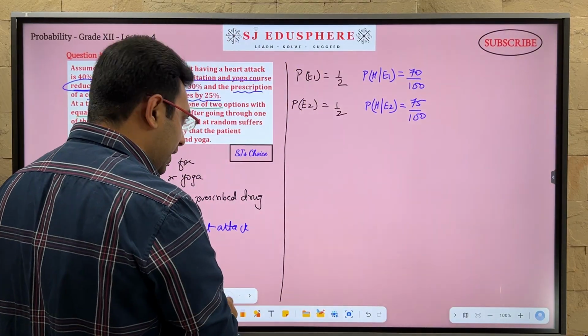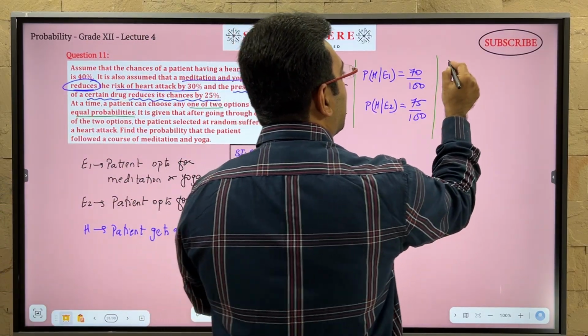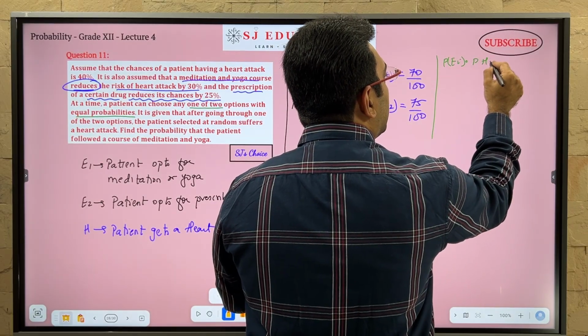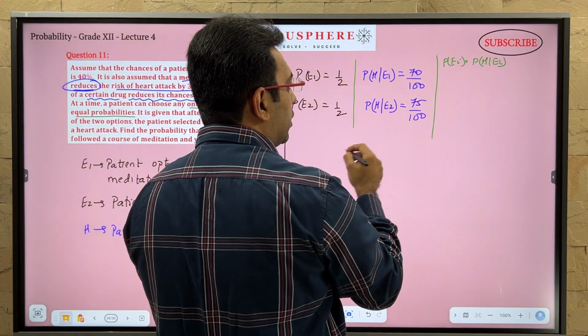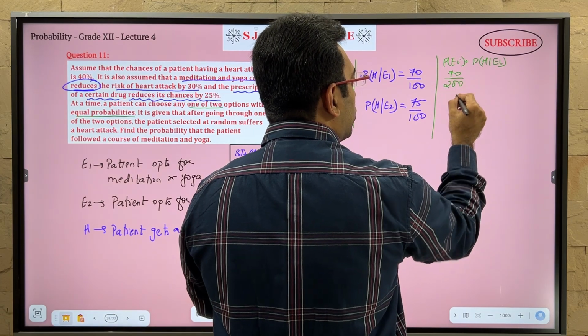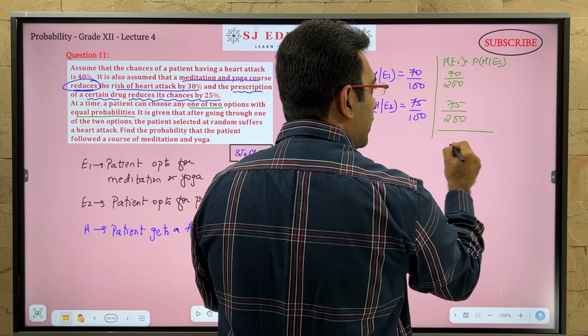Okay, so next I go ahead and multiply these numbers. That means probability of EI into H given EI. I am left over here with 70 upon 200 and 75 upon 200.